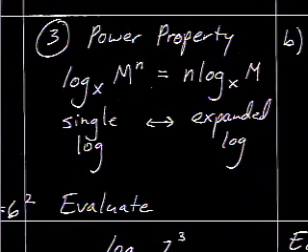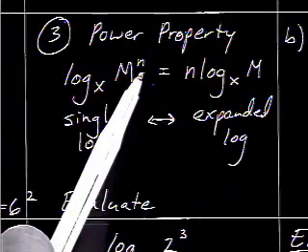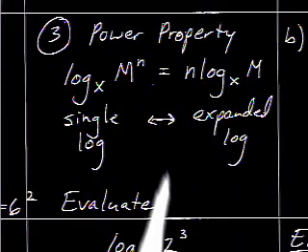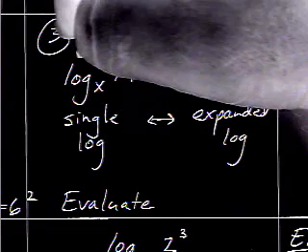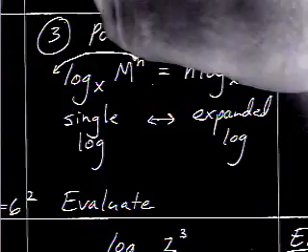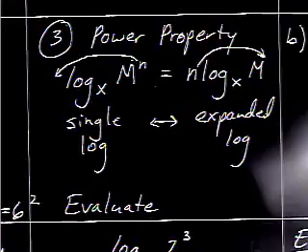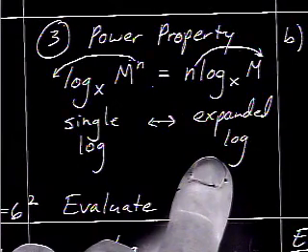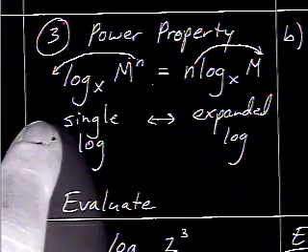I don't know if you remember seeing this particular property, but it says that the exponent on the argument can be moved down and become a coefficient. So, you know, literally you can take this and move it down, and that's a legal move. Or you can take this and move it up and make it a... So this is the expanded form, and this is the single log form.